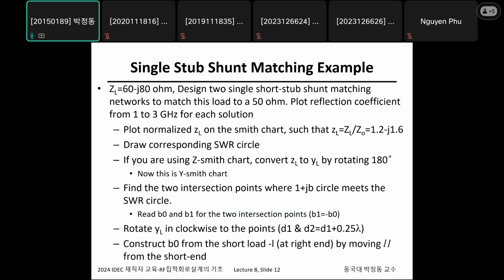Okay, so let's move to stub matching. This stub matching is the most widely used matching mechanism in microwave circuit design, right? Different from lumped component matching, it just utilizes a transmission line as a matching component.